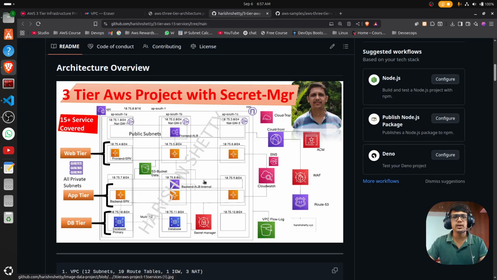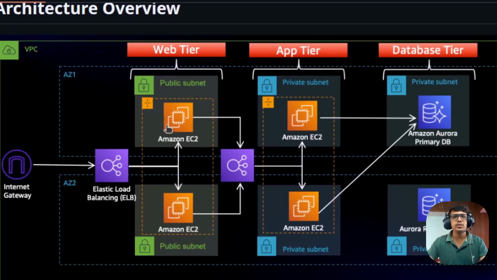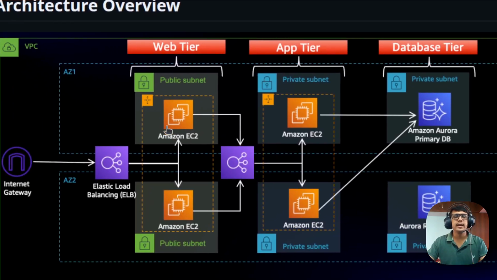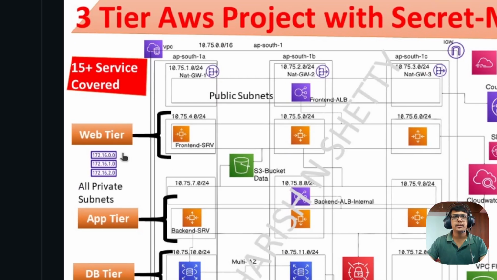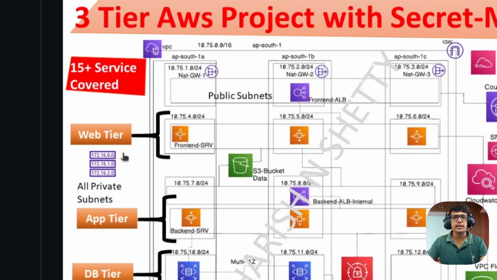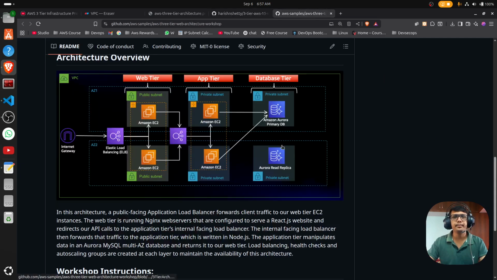They use the web tier in the public subnet. In my project I am hosting the web tier in the private subnet, not in the public subnet. That is the main thing in the project. We are also accessing the data via the S3 bucket, and implementing the WAF, CloudFront, Route53, everything.